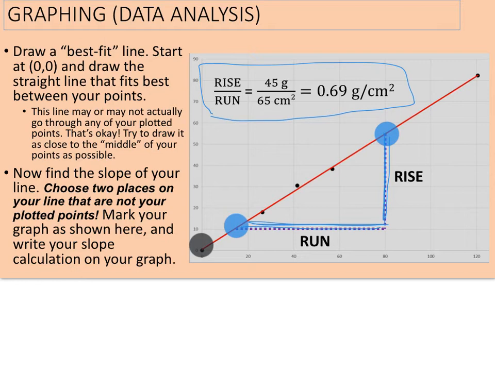When I put that in my calculator and get my decimal point, my final slope equals 0.69 grams per centimeter squared. So I want you to write your calculations on your graph as well. If your slope is close to mine, that's great. If your slope is a little bit off from mine, that's okay too. We'll talk about why that might be toward the end of the lab.